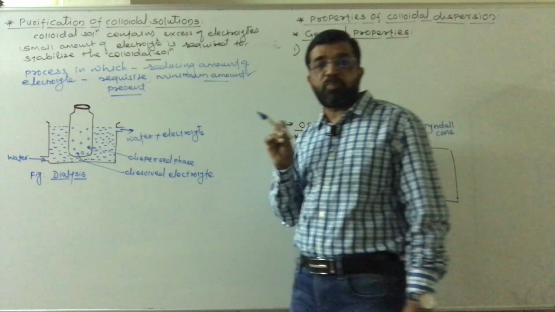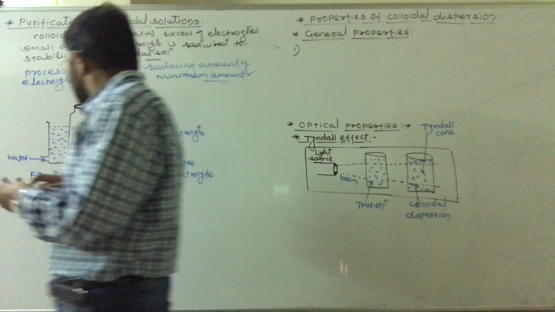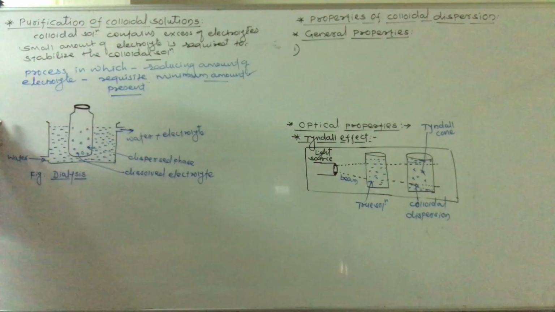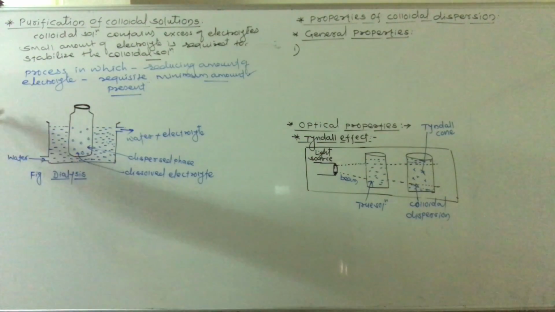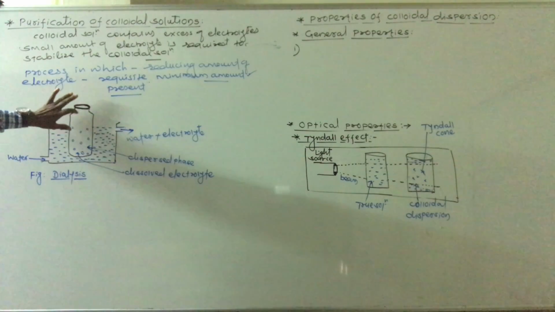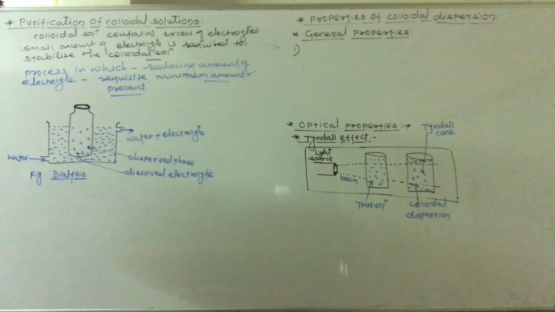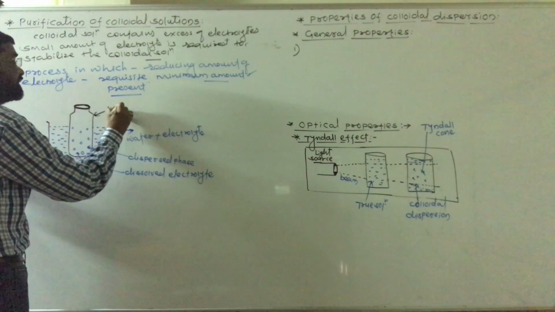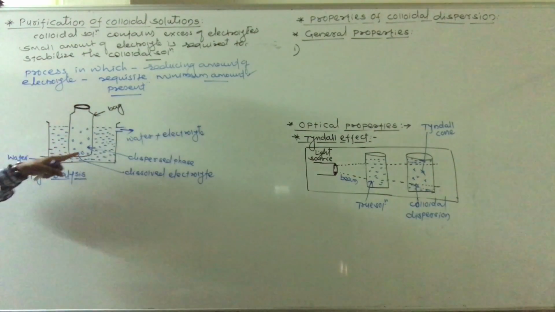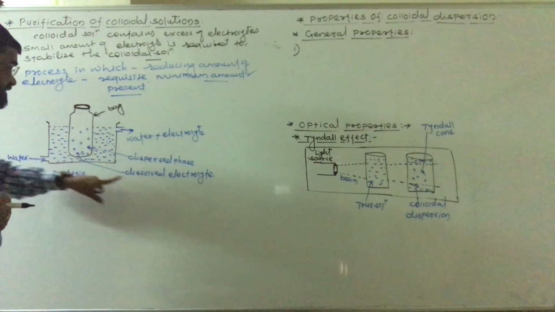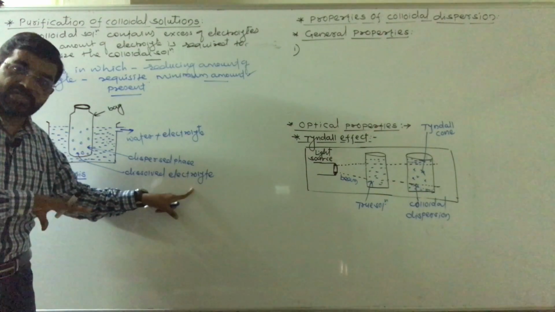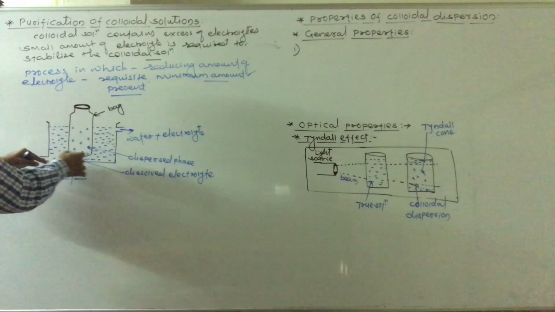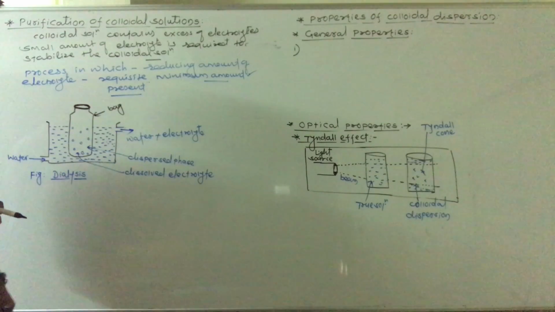Now one of the processes of purification we have to study is the dialysis process. In this dialysis process we take the colloidal solution in this bag. So this is a bag containing colloidal solution, that is the dispersed phase, and dissolved electrolytes are present in it, and it is placed in this outer vessel.